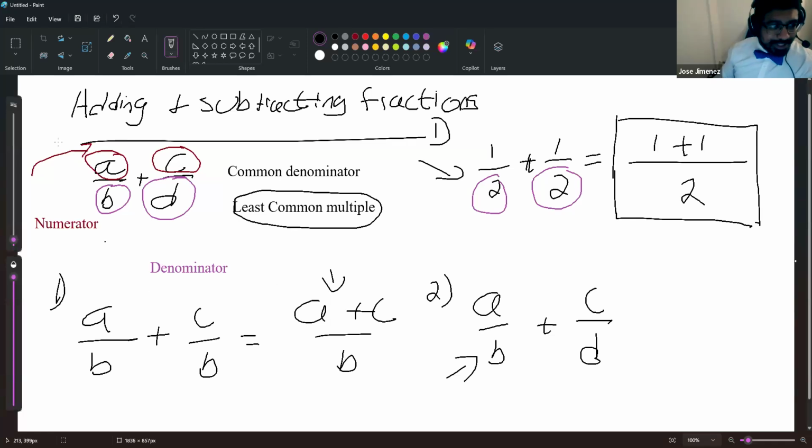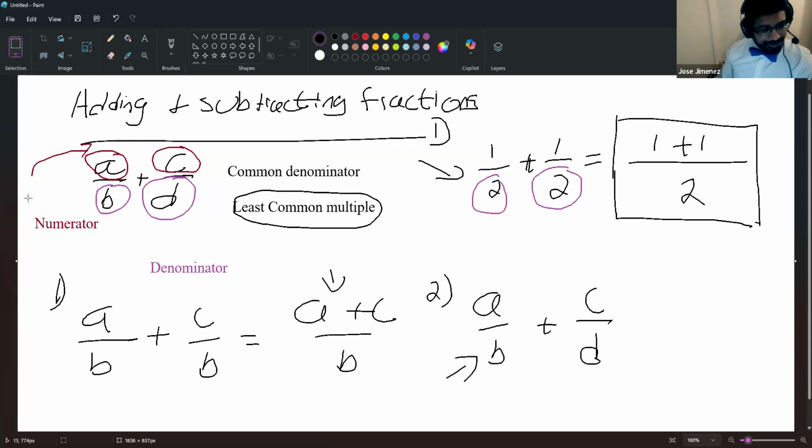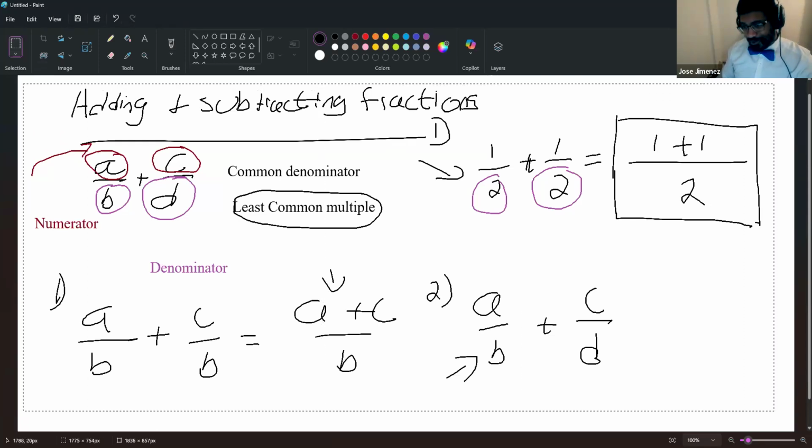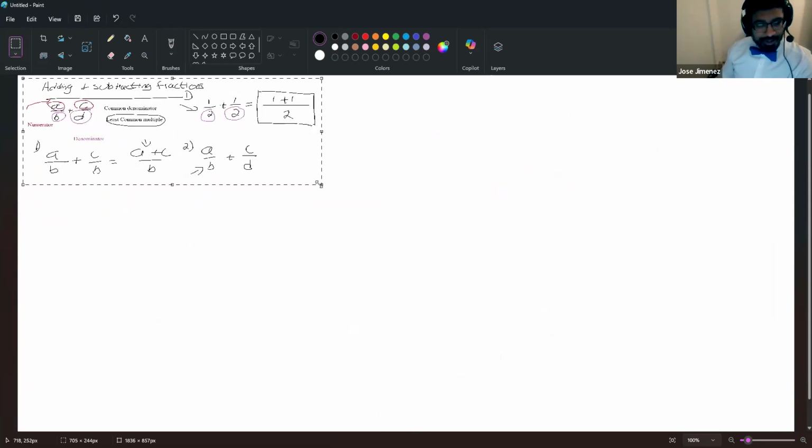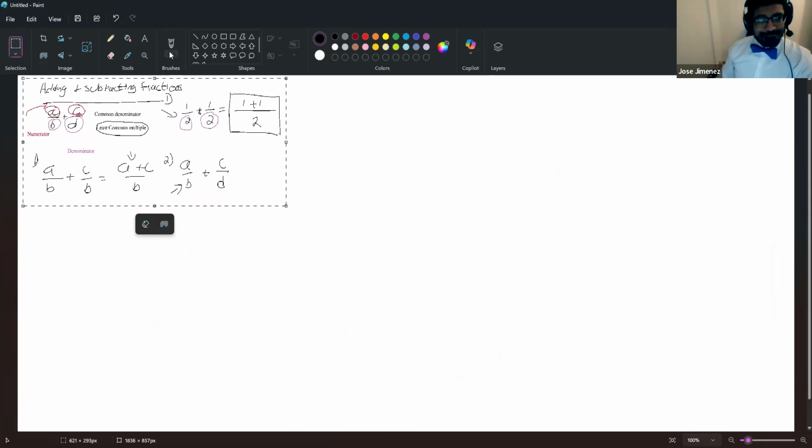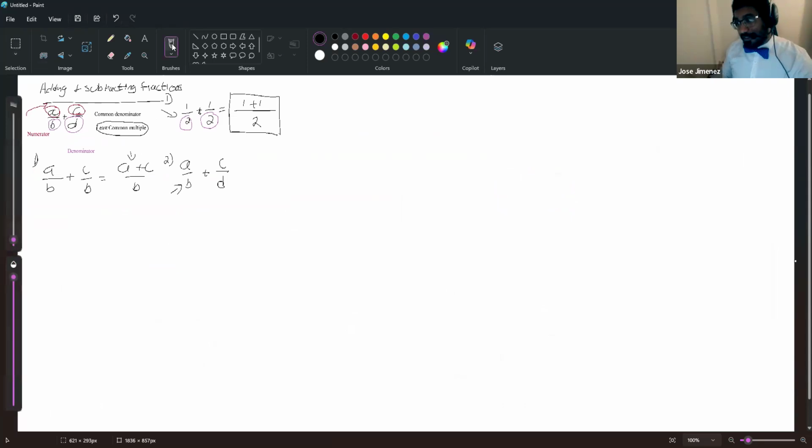I think it's a fun process. I really enjoy it. One of my personal favorite things to do in mathematics is playing around with fractions. Fractions, I think, are better than decimals will ever be, because you can get a simplified fraction and then work with simplified fractions forever and you're happy.